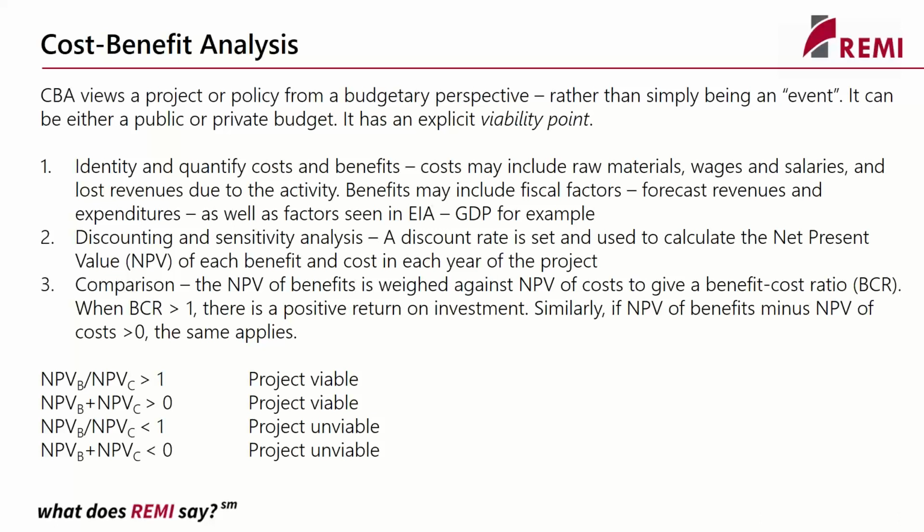And this discount rate is set in order to calculate the net present value of each benefit and cost in each year. So if you're familiar with real fixed dollars, set to a specific year, and nominal dollars, this is related to that in some way, although it's not necessarily related to inflation.